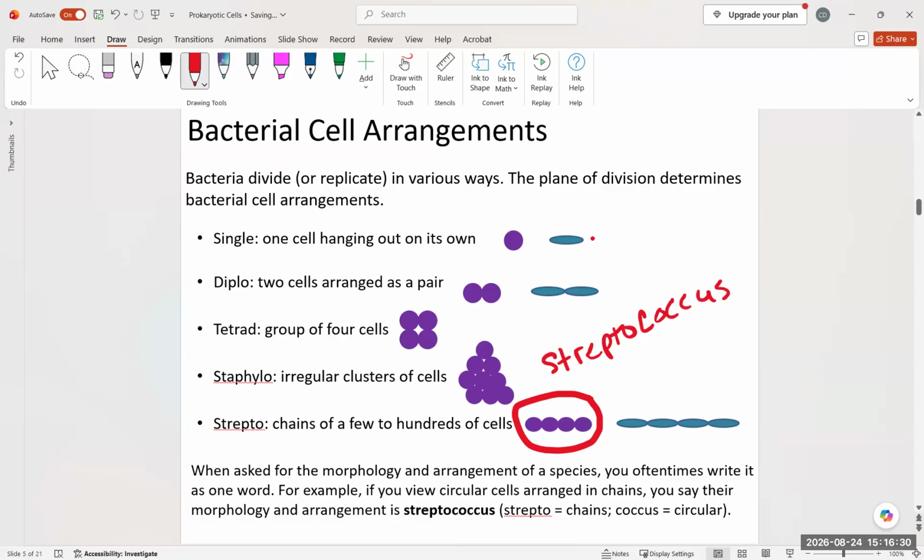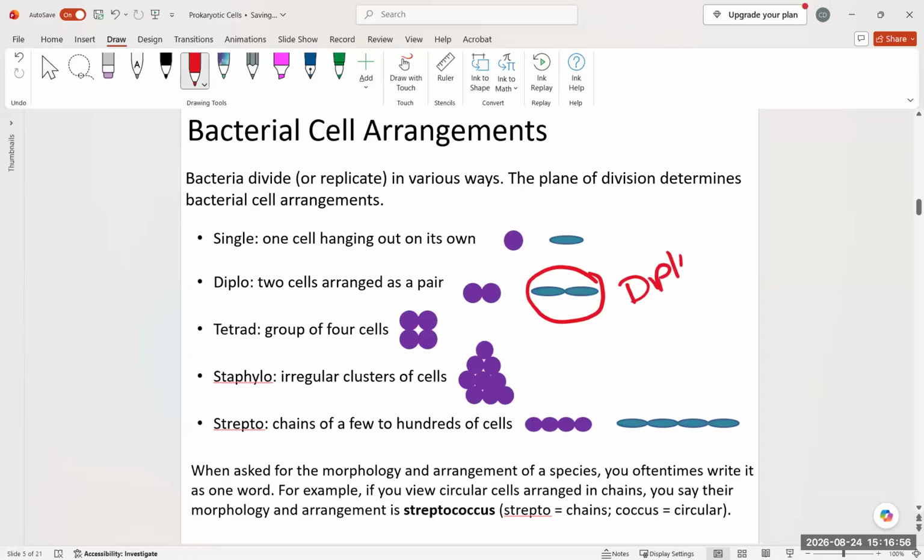I personally am not picky. But notice it's written as one word, and we have the arrangement first, and then we address the morphology. But it's written together. So following that pattern, if I asked you to give me the morphology and arrangement of these cells, you would first address the arrangement, so diplo, and then the morphology, which is bacillus.